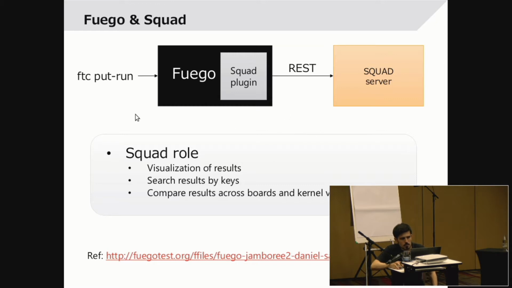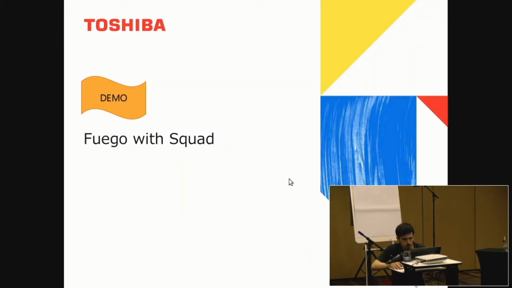And basically, the interface in Fuego is FTC put run, and then using the REST interface it goes to Squad. Squad's role here is to visualize all the results, being able to search the results across a history, and especially to compare results across different boards and different kernel versions. I did a presentation about that here, but I'm going to do also a small demo.